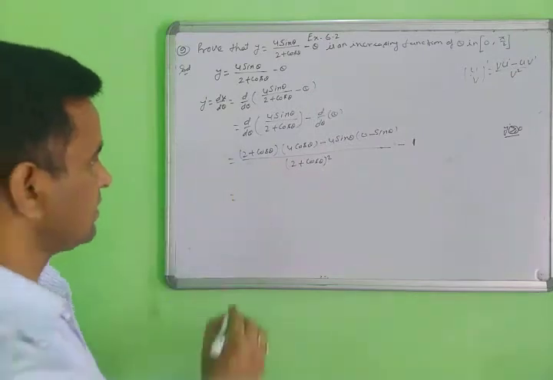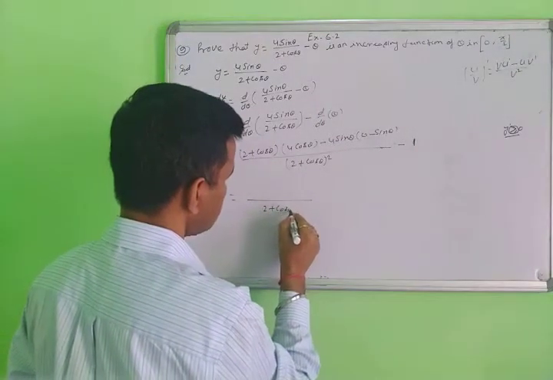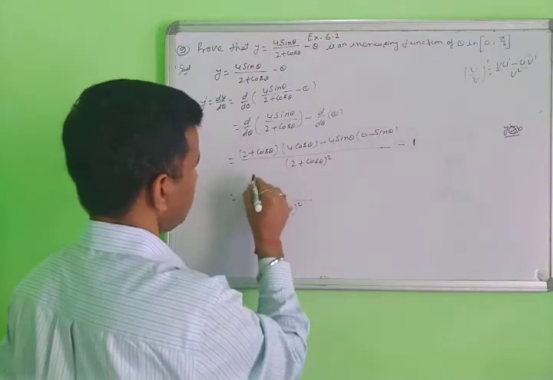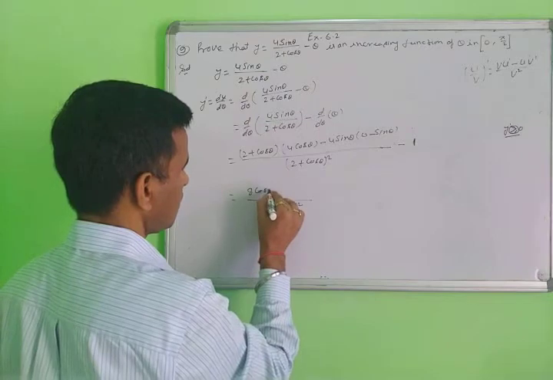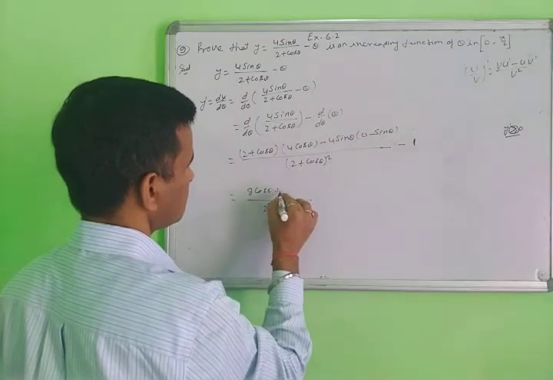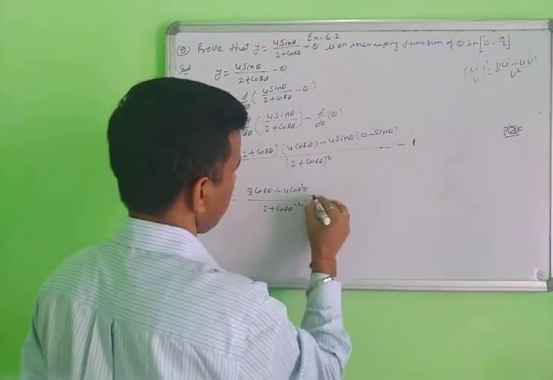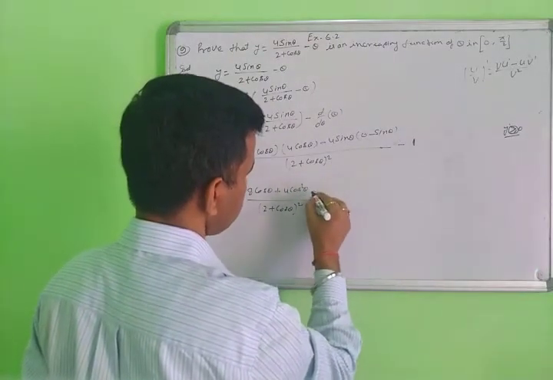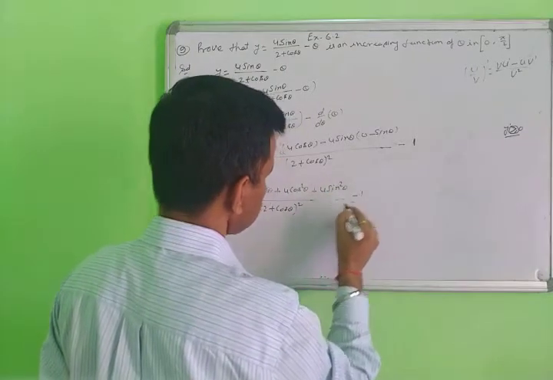Next we calculate. This denominator part will be written the same, 2 plus cos theta whole square. Multiplying here, 2 times 4 is 8 cos theta, plus 4 cos square theta, plus 4 sin square theta, and minus 1.